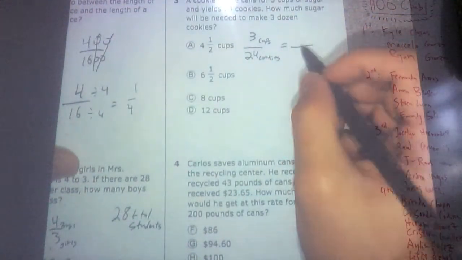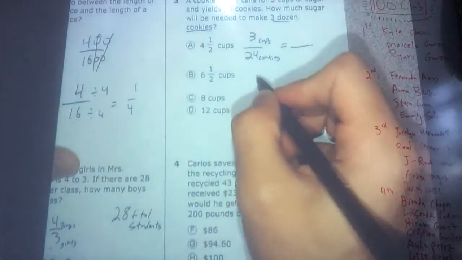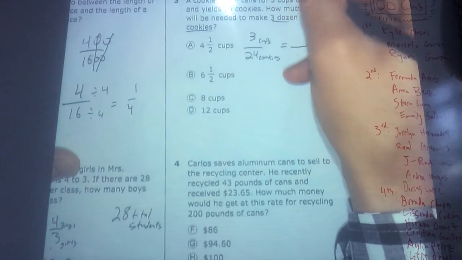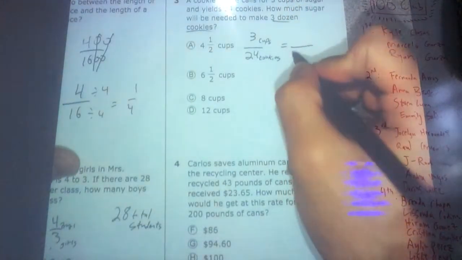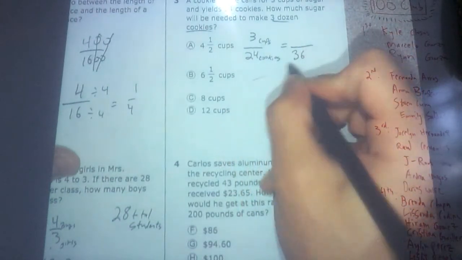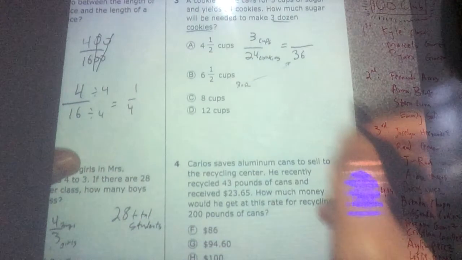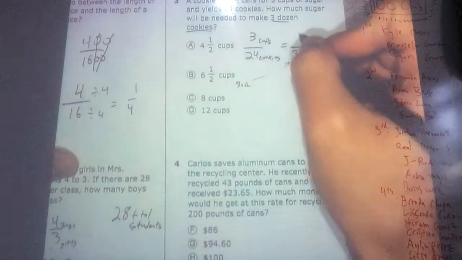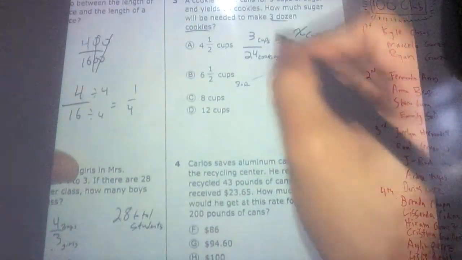So 3 dozen is the number of cookies, but one thing we need to know is that 1 dozen is equal to 12. So 3 dozen is going to be 36. How did I get that? 3 times 12. So we're trying to figure out how many cups of sugar we need for 36 cookies. And this is the x number of cups.